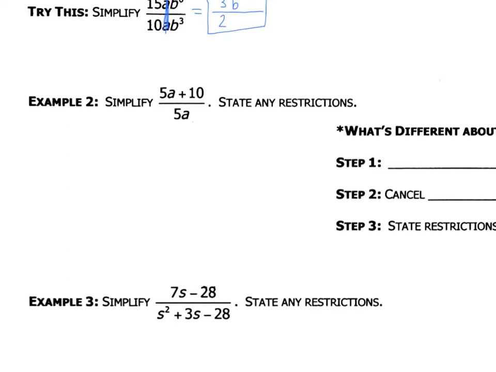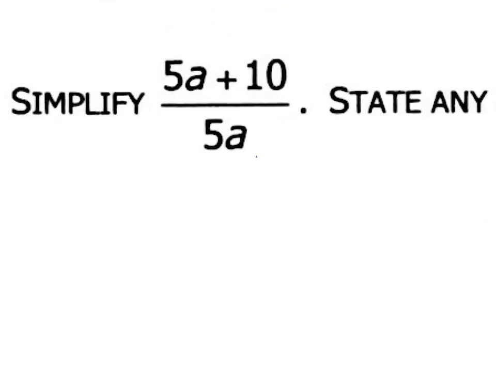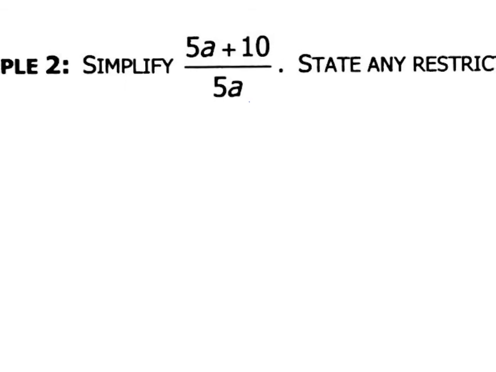So, to find common factors, you're going to need to actually factor whatever you can. So, in this first problem, I can factor something. Maybe not on the bottom, but I can factor something on the top. On the top, I can see I can pull out a common factor. So let's look at 5a plus 10.